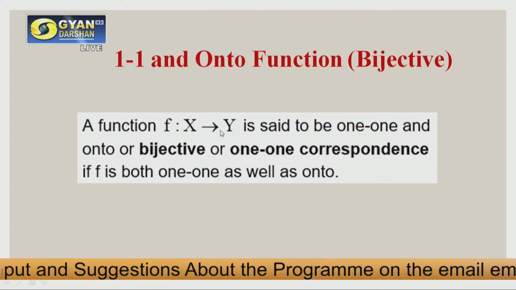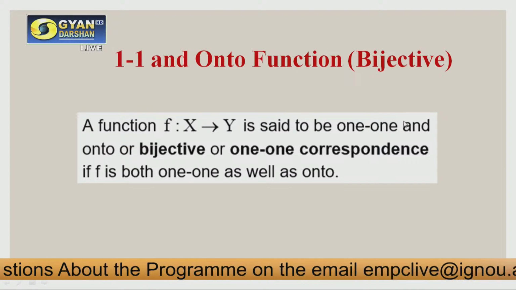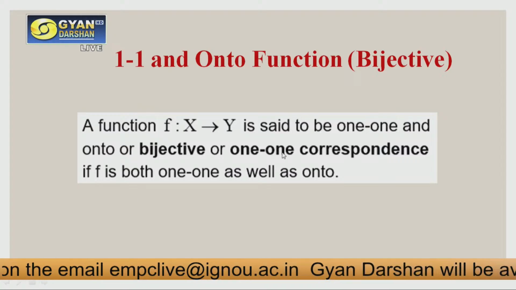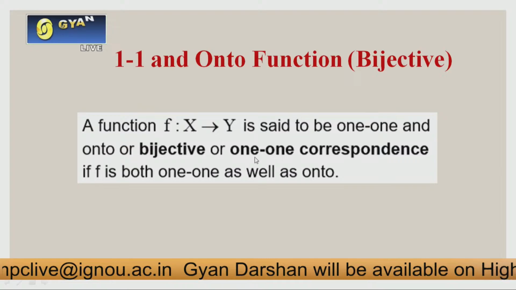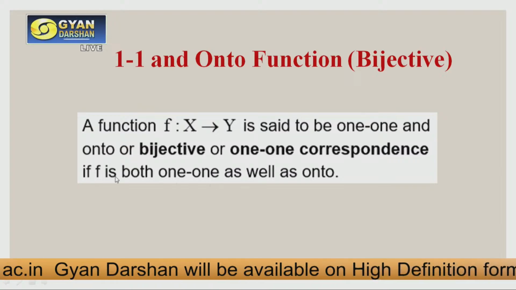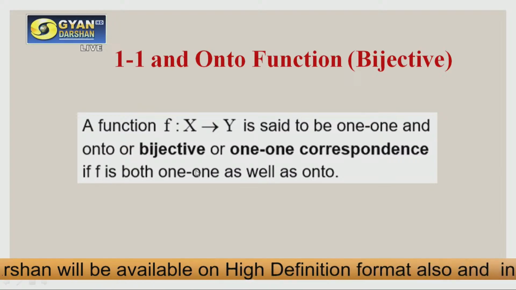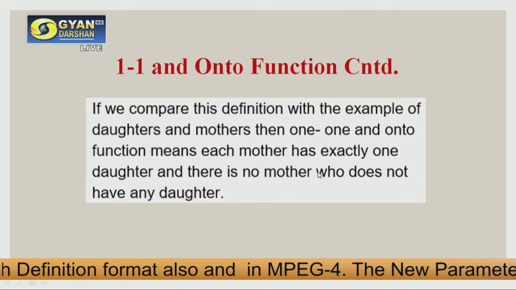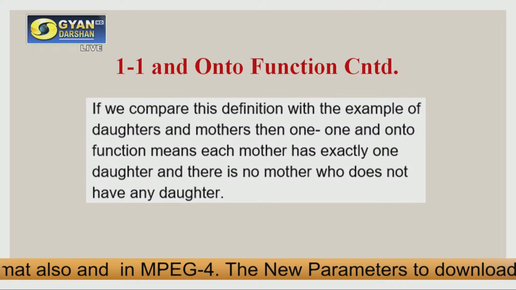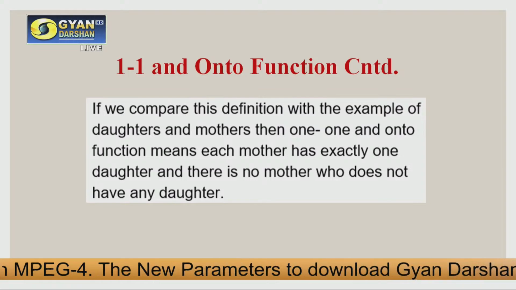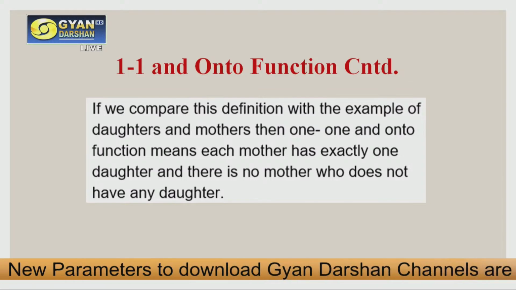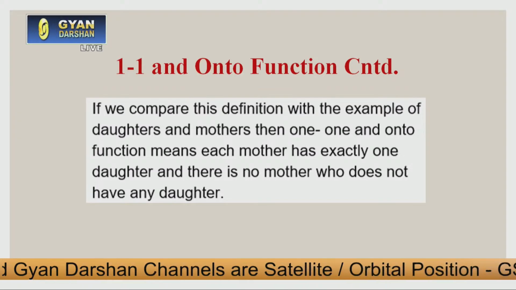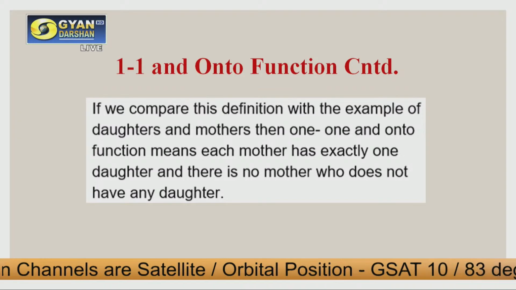A function f from X to Y is said to be 1-1 and onto, or bijective, and another name for a bijective function is 1-1 correspondence. It should be 1-1 as well as onto. If you compare this definition with the example of daughters and mothers, then you can say that each mother has exactly one daughter, or you can say there is no mother who does not have any daughter.